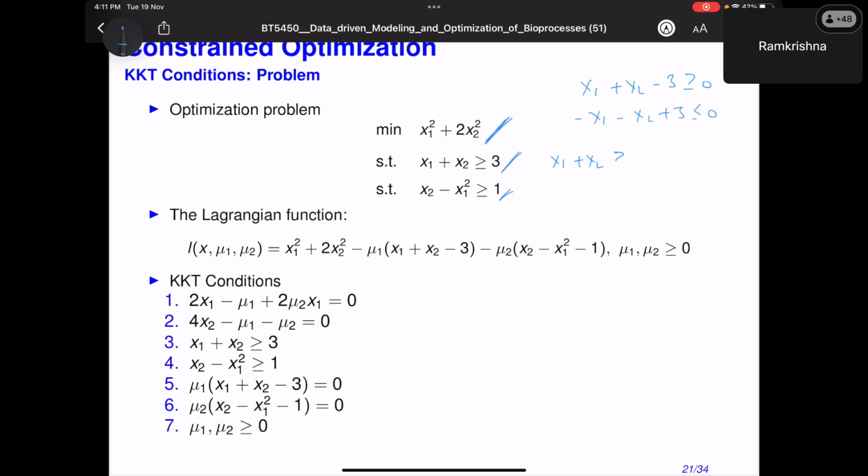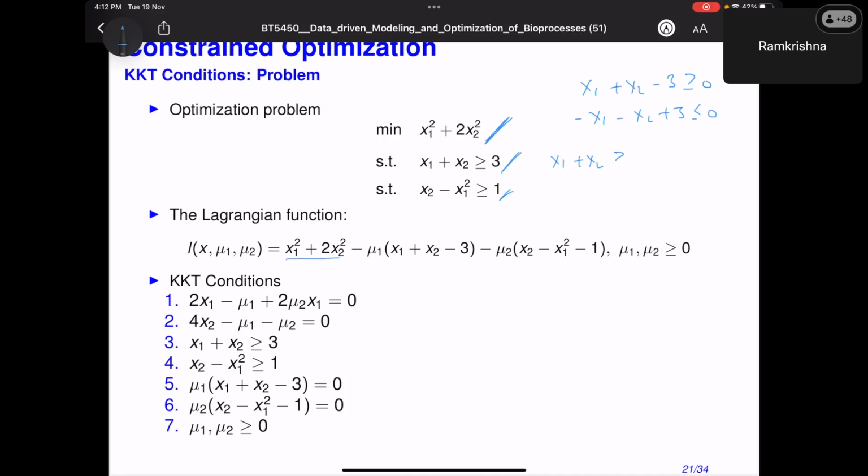Similarly with the last one. Now let's slowly understand what each of this means. Of course, this only has inequality constraints, not equality constraints, and this is a little more challenging, because we need to find out if the minima is inside the constraint set or on the boundary of the constraint set. Definitely it will not be outside.